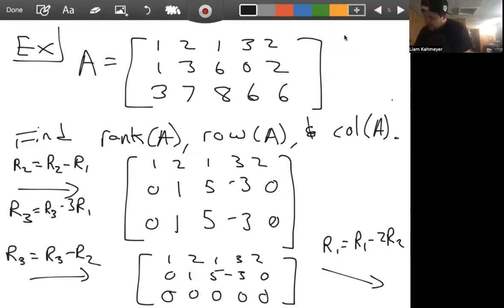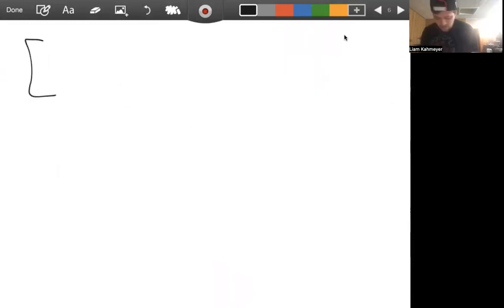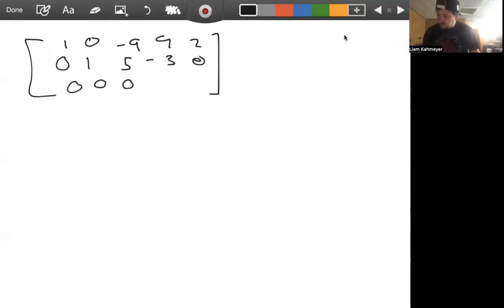If we do that, we get the following matrix: 1, 0, -9, 9, 2, and then 0, 1, 5, -3, 0, and then 0, 0, 0, 0, 0.